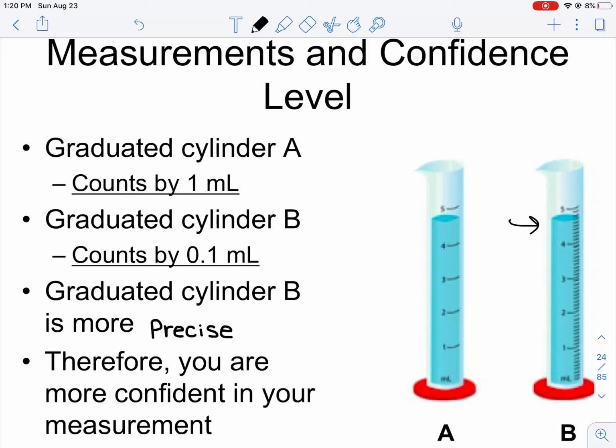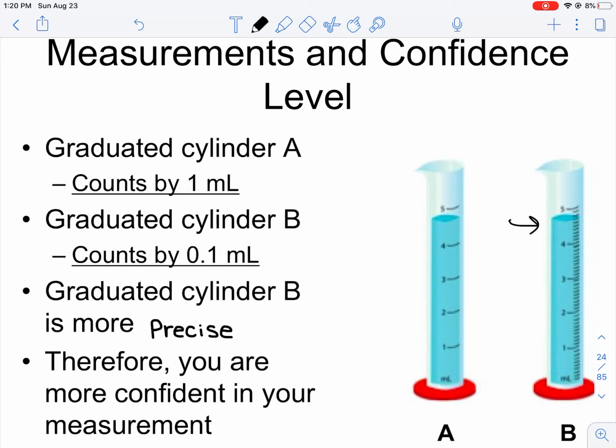So if I were to buy this online, Flynn Scientific, this graduated cylinder B would be more expensive than graduated cylinder A. The more precise the instrument, whatever it may be, is more expensive because it just takes more time to make these.